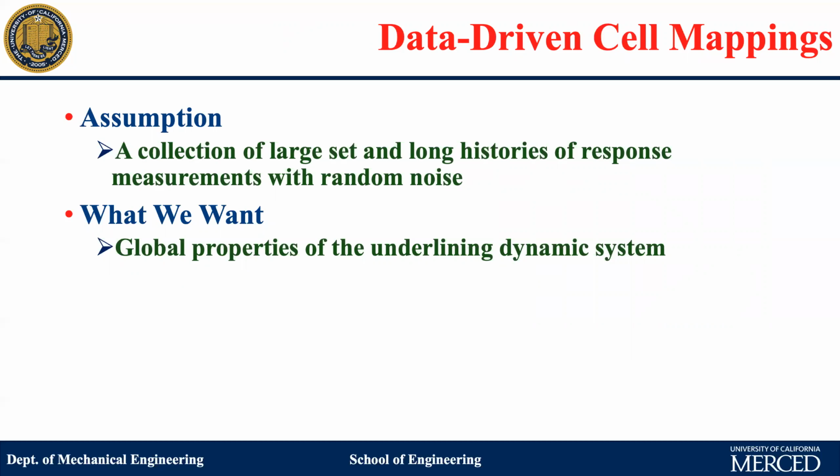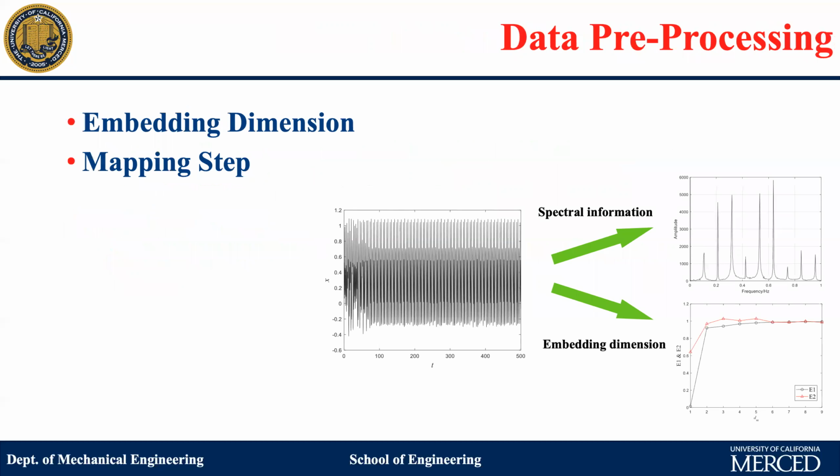Okay, so we're going to do the global analysis to find out the global properties of the underlying dynamic system just by looking at the data. Before you can do the cell mapping, you need to pre-process the data to get two pieces of information out. The first one is the embedding dimension.